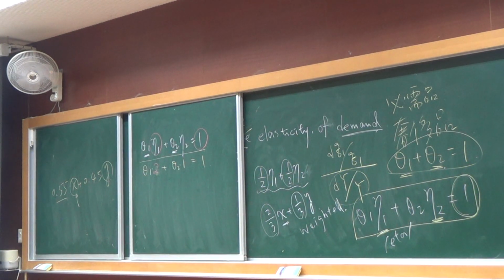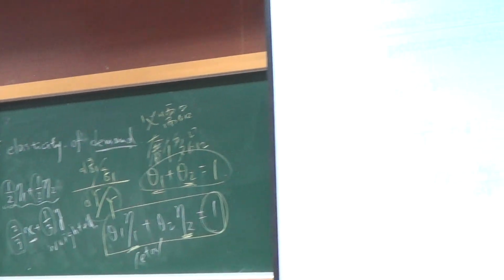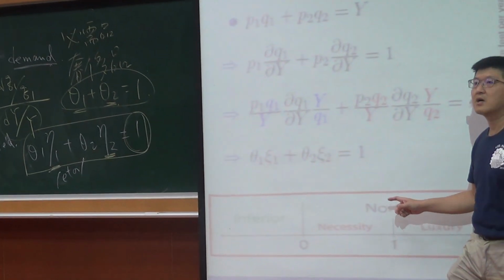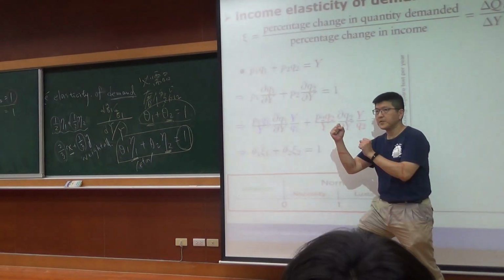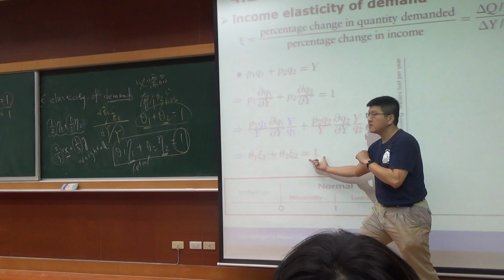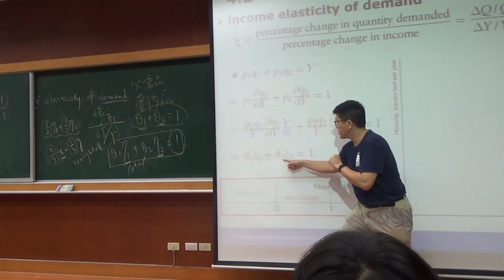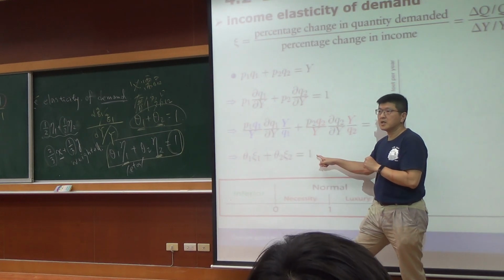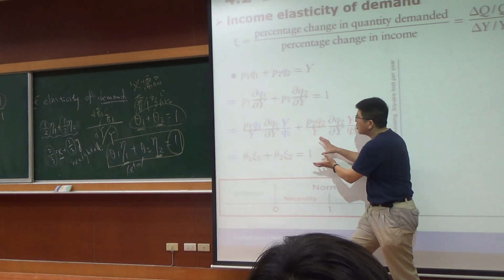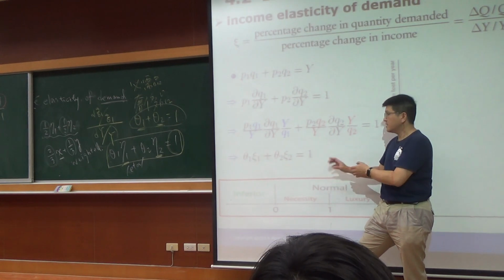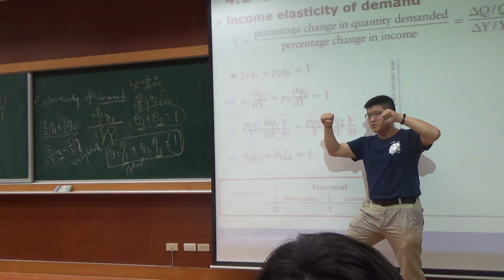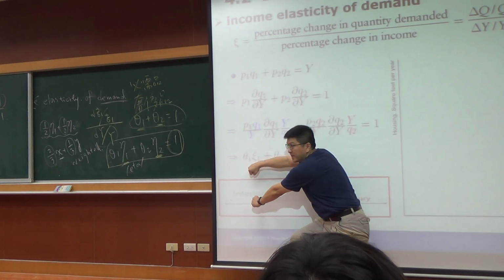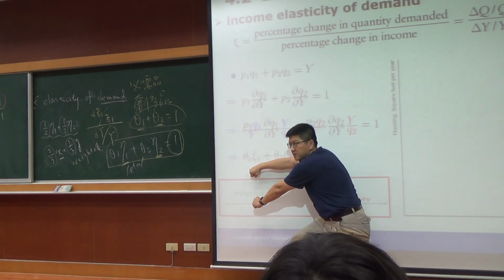Once again, I'd like to have your attention here. When good 1 and good 2 both have income elasticity of 1, the equation is met, and this equation must always hold. Is it possible for them to be both inferior goods?